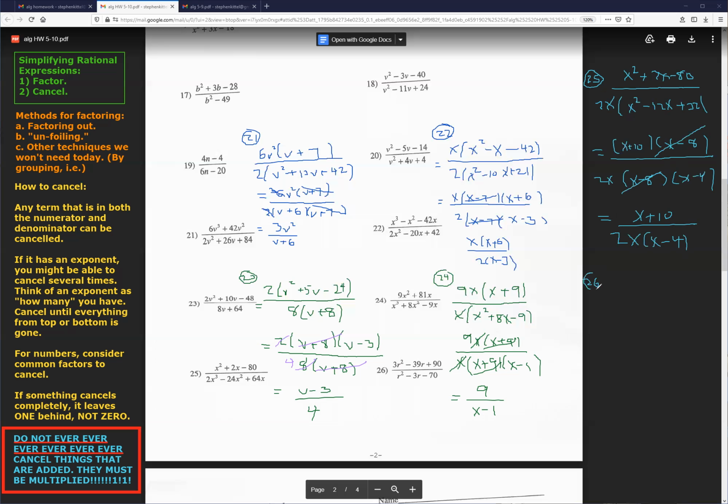26. So 26, we need to factor out a 3 from the top, first of all. So let's do that. It's going to be 3 times r squared minus 13r plus 30 over, and we'll leave the bottom alone for this brief moment.